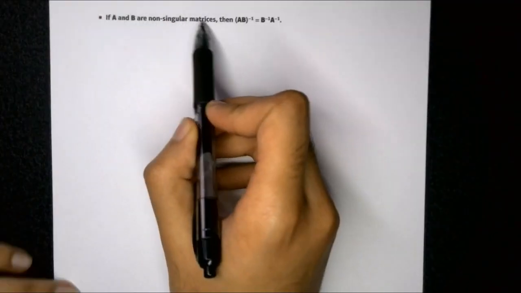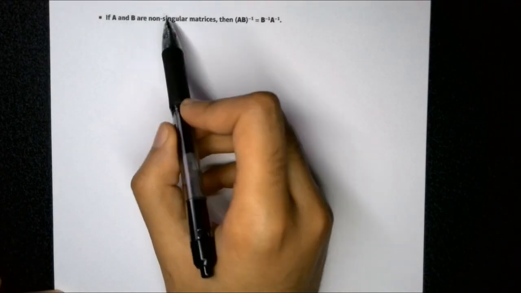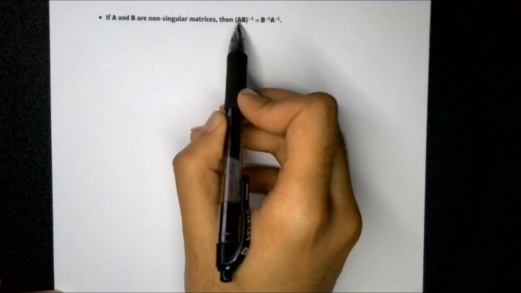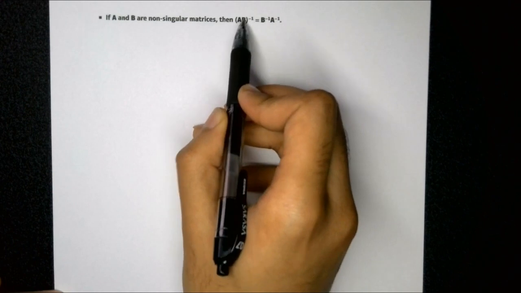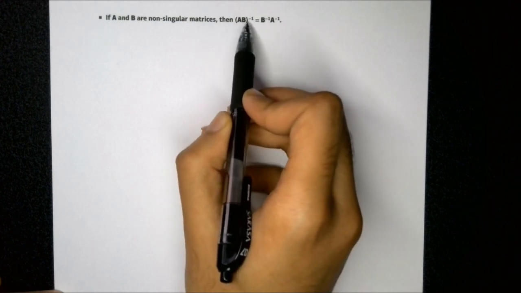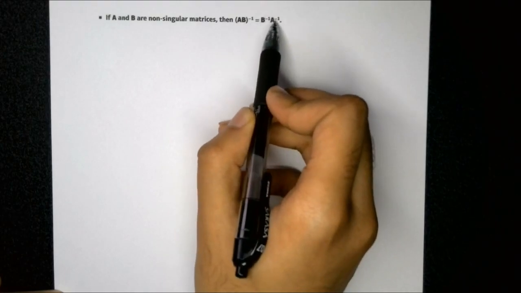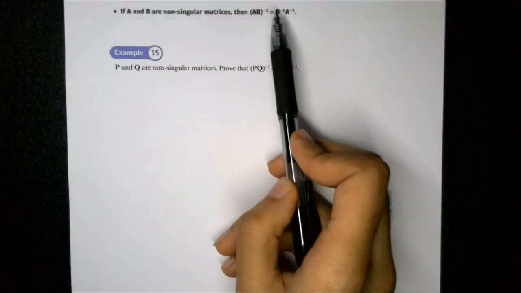If A and B are non-singular matrices, in other words, the determinant of A and the determinant of B do not equal 0, then if we multiply the matrices A and B together and then take the inverse of the product of A and B, that's equal to the inverse of B multiplied by the inverse of A. For example number 15, we have to prove this result.